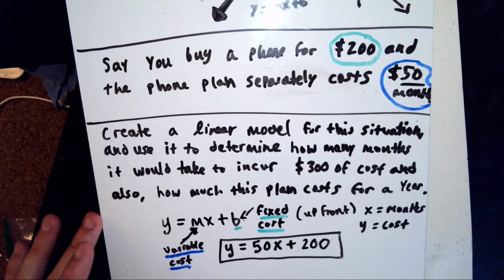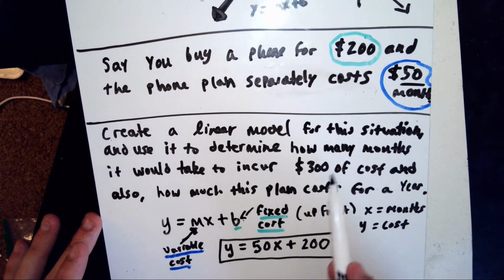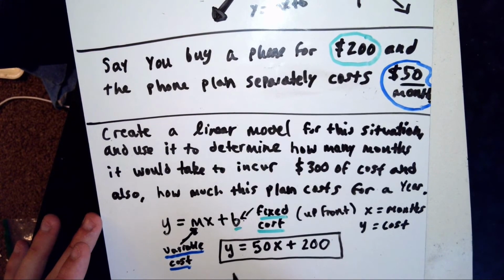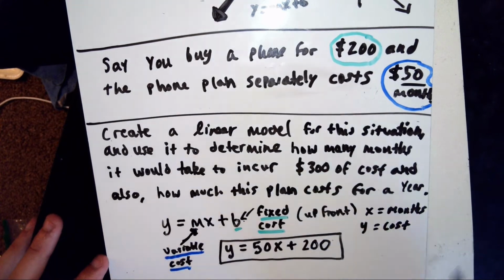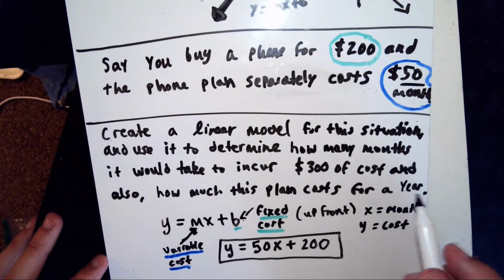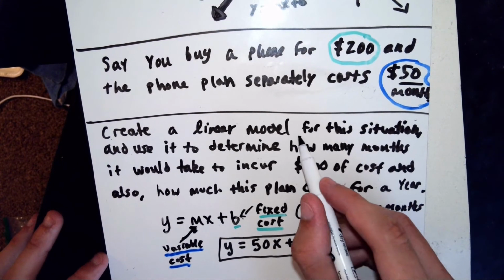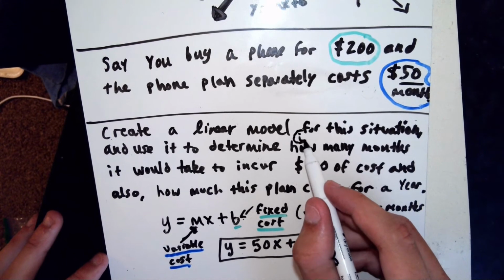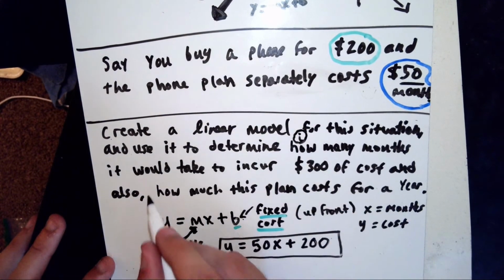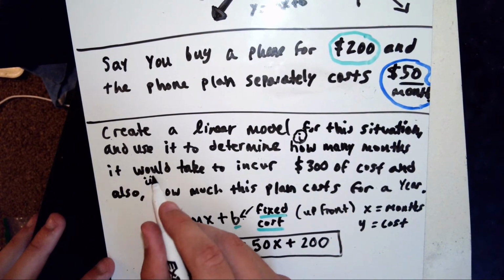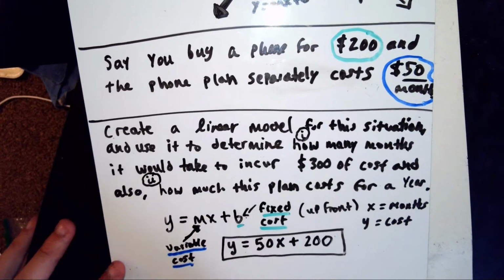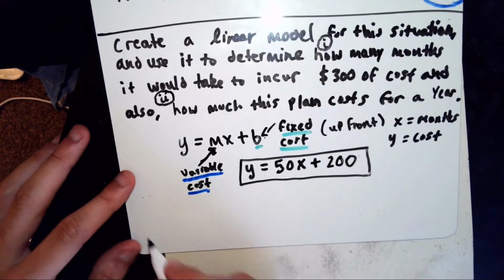I'll label these questions: question 1 is how many months it takes, and question 2 is how much it would cost for the year. So let's talk about question 1 down here at the bottom.